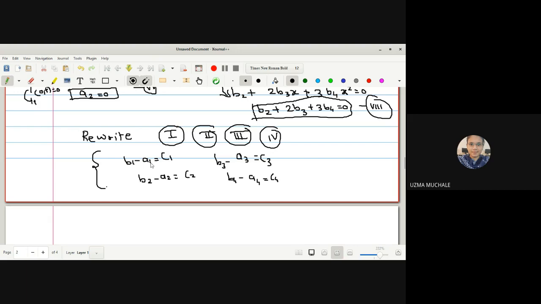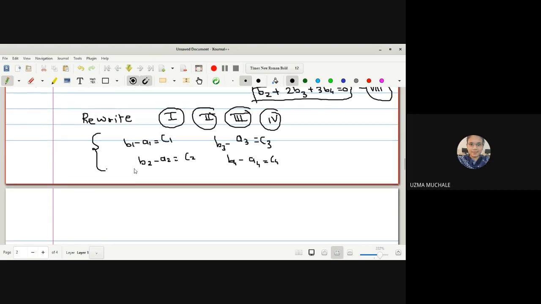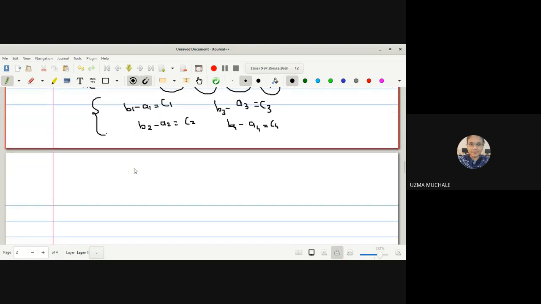Since A1, A2, B1, B2 all are constant, to simplify this we have written.